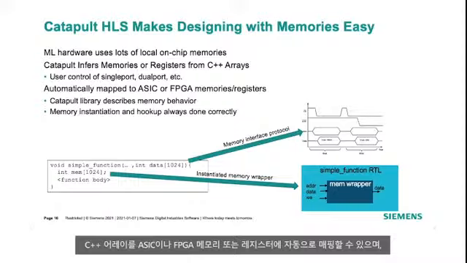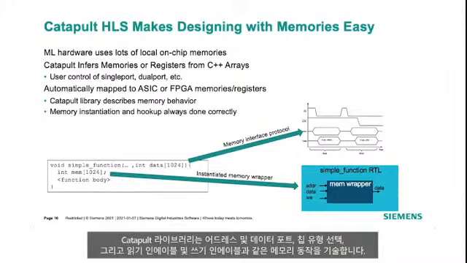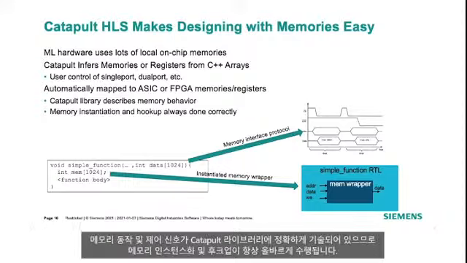C++ arrays can be automatically mapped to ASIC or FPGA memories or registers, and a Catapult library describes the memory behavior, such as the address and data ports, the types of chip select and read enables and write enables. And because the memory behavior and control signals are accurately described in the Catapult library, memory instantiation and hookup is always done correctly.